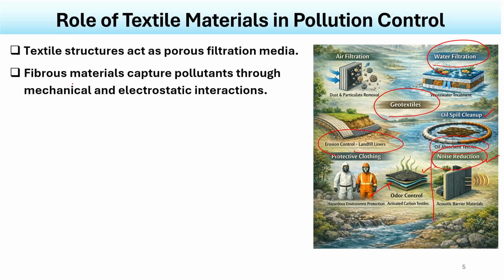So, fibrous material captures the pollutants through mechanical and electrostatic interaction. Mechanically, depending on the pore size, it gets captured. That detailed mechanism we will discuss later, and also electrostatic interaction.